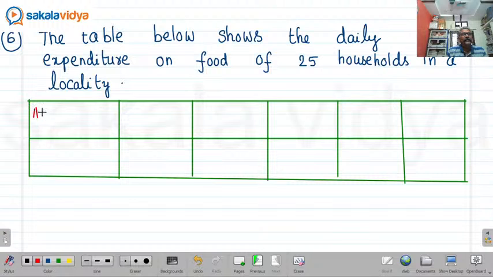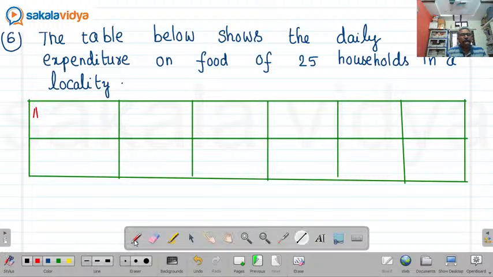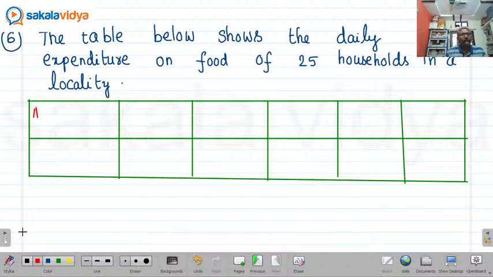Daily expenditure, next number of households.